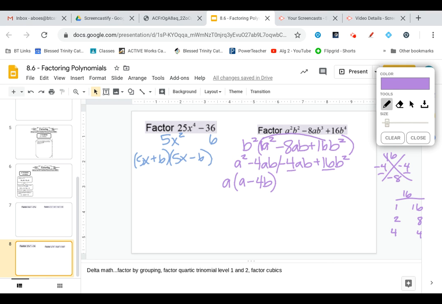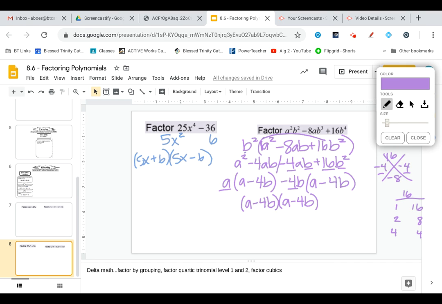And since my first term is negative, I'll factor out a negative. And I have a b in both of my terms, so I'll factor a b out of there as well, which would leave me with a minus 4b. So I'll group my two GCFs together, and I'll have a minus 4b times a minus 4b.